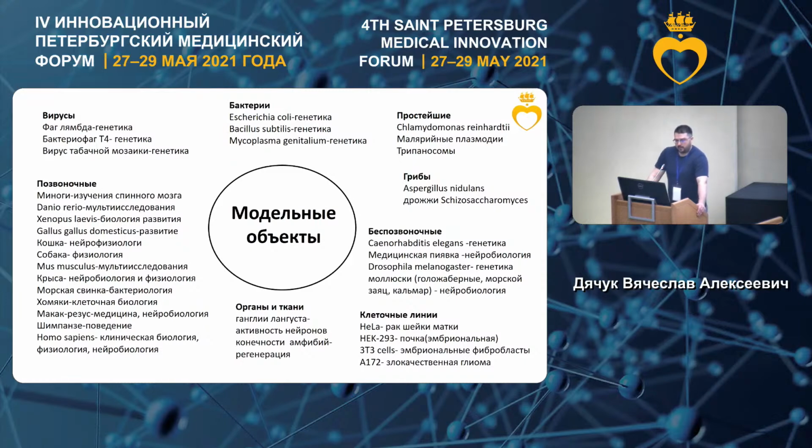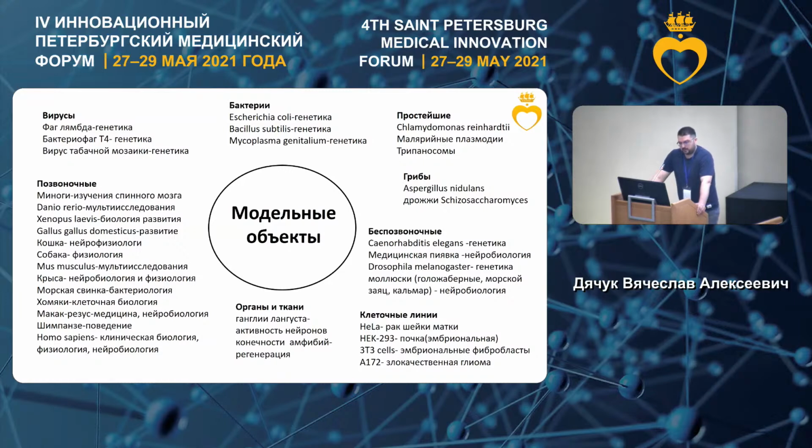Undoubtedly, the most popular model objects are vertebrates. They are actively used for studying the bone marrow. As to evolution, Danio rerio, the zebrafish. Of course, that model system is used for multidisciplinary research: biology, evolution, neurobiology, and lately medicine. Xenopus laevis, mainly used for evolutionary biology.